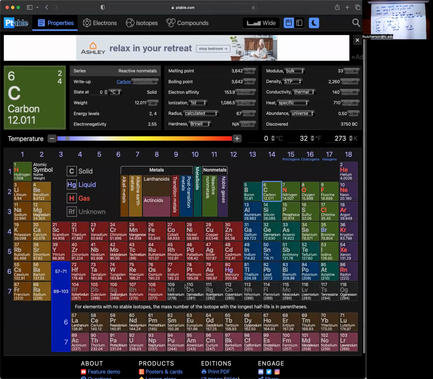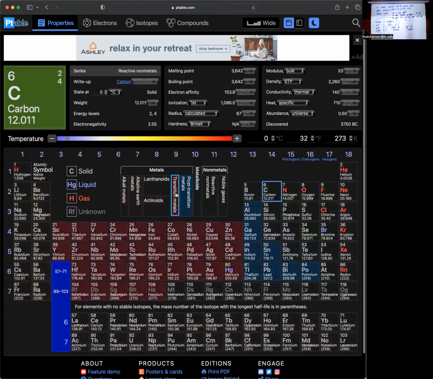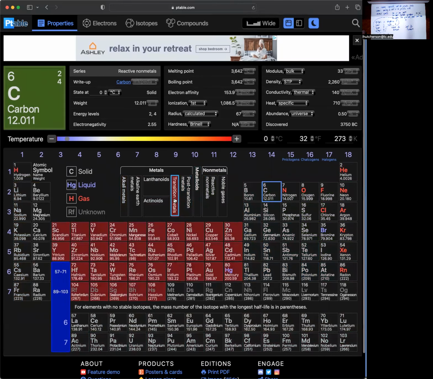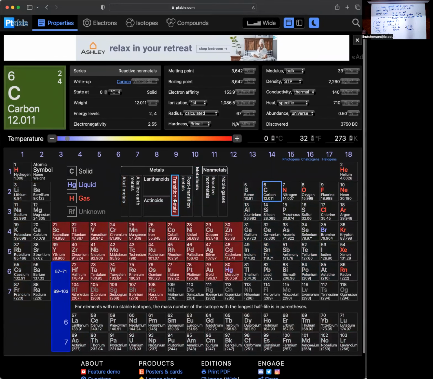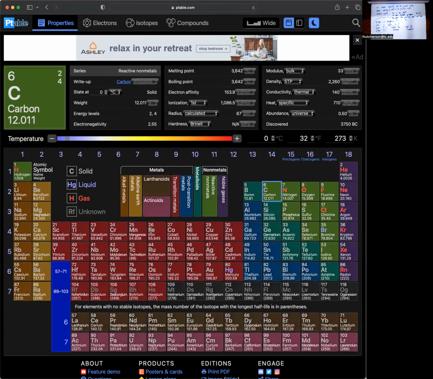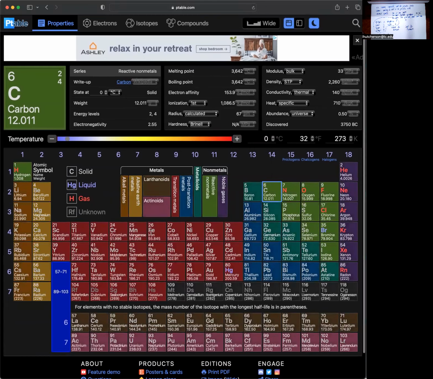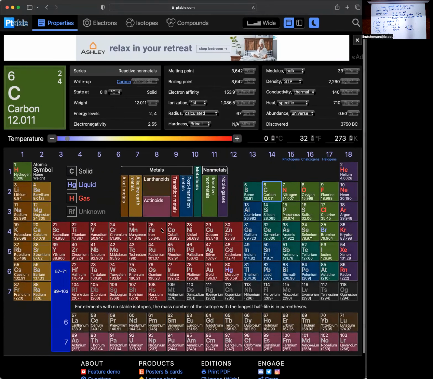This whole big group here in the center are called the transition metals. Transition metals are super common. There are some of these you see and encounter all the time. Iron is everywhere. Copper, of course. Silver, gold, some of the ones like that.